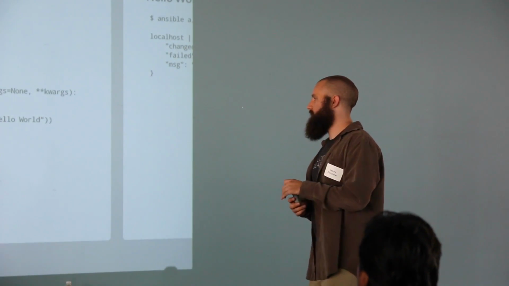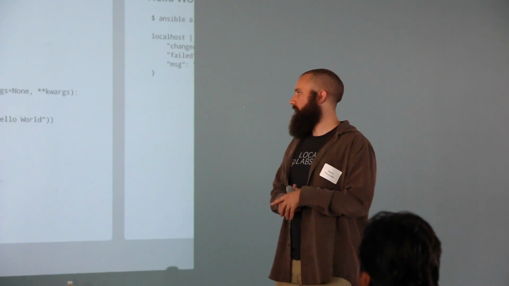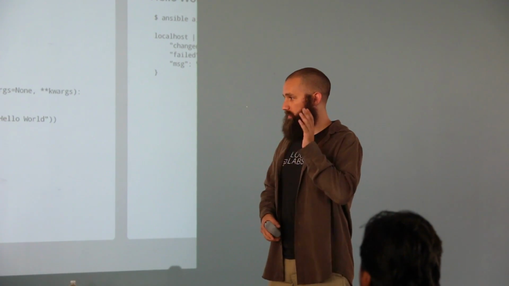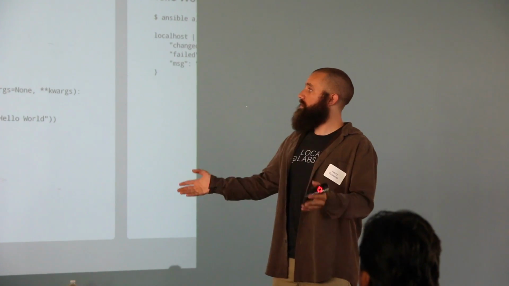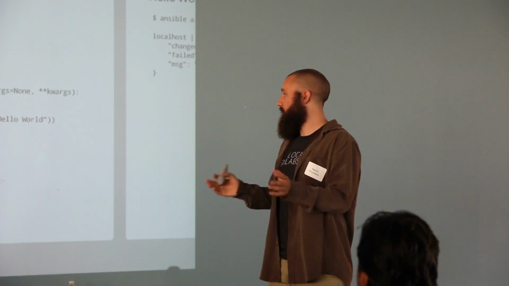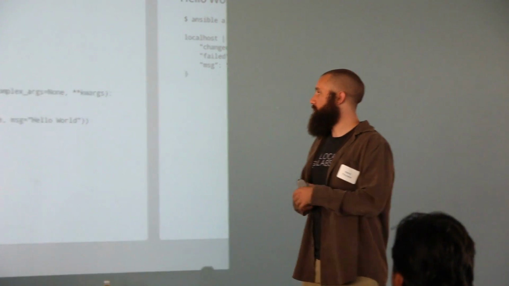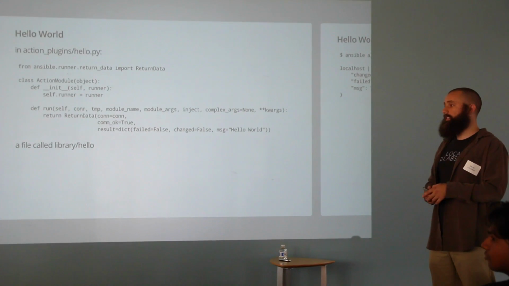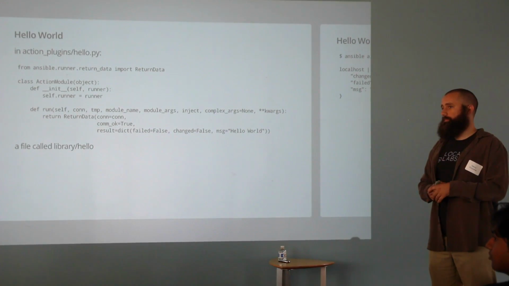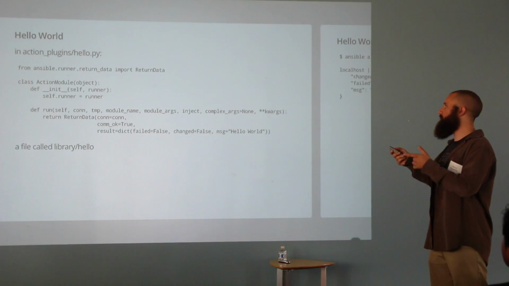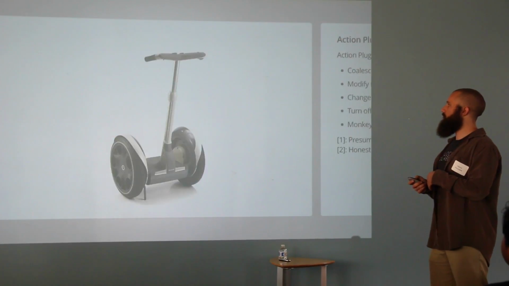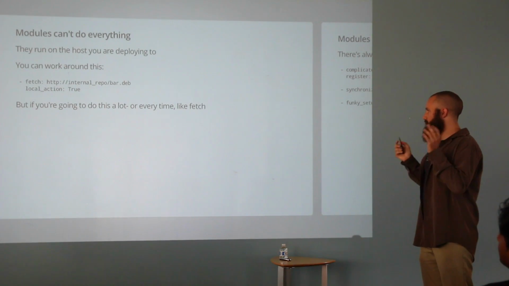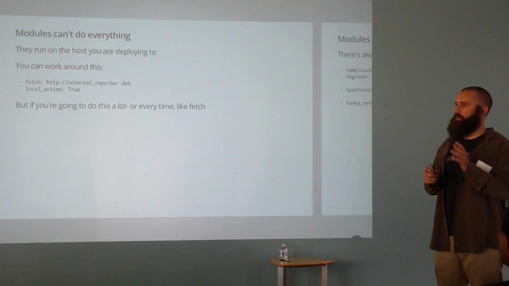You would have a list for your task list, and you would have a dictionary in it with a key that was hello, and any value that came after that key would simply be ignored, because it doesn't do anything with its arguments. So, hello, colon. Yes. The action plugins look exactly like modules. Fetch is an action plugin. It looks just like any other module. It's invisible that that's how it's implemented.